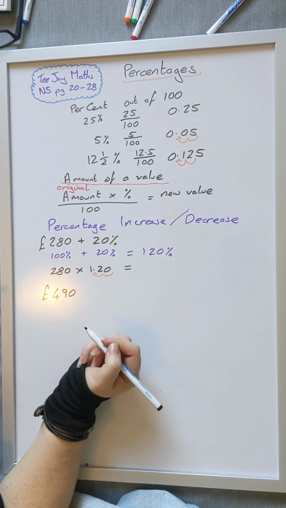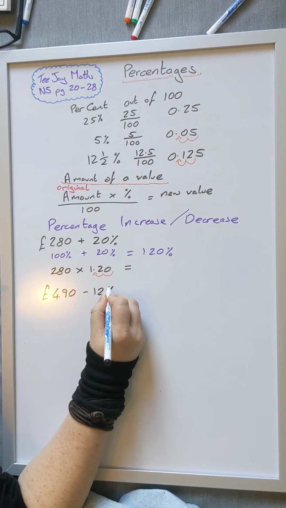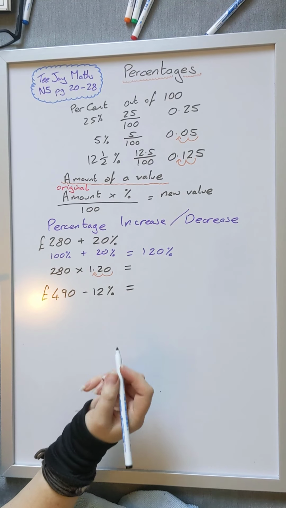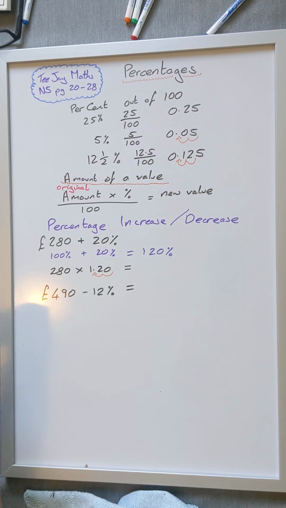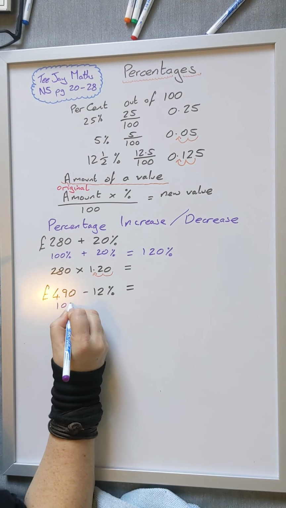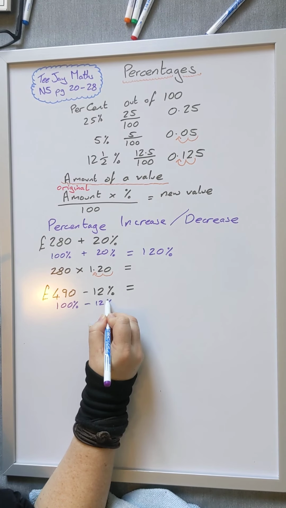It's £490 and it's got a 12% sale on in the shop at the moment. So we'll do the same again. Where is our 100%? This question is going to become very important to you at Nat 5. Our 100% is here, and we're taking away 12%.